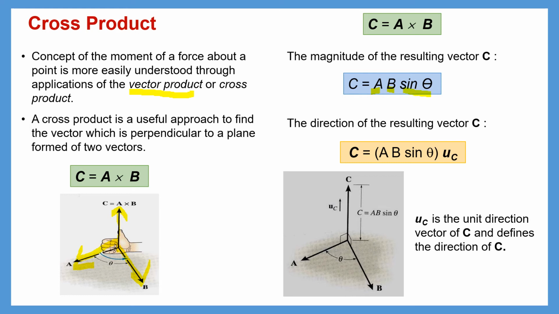Here, theta will be the angle between the tails of A and B. This is the theta.